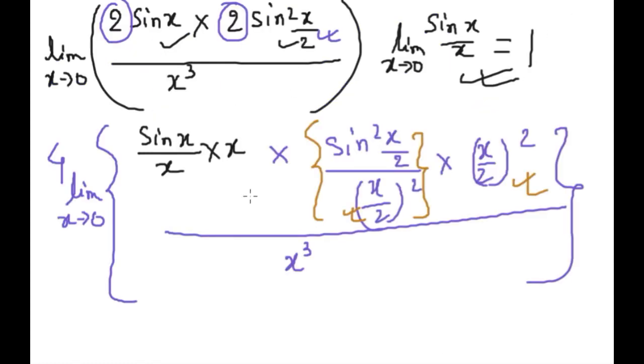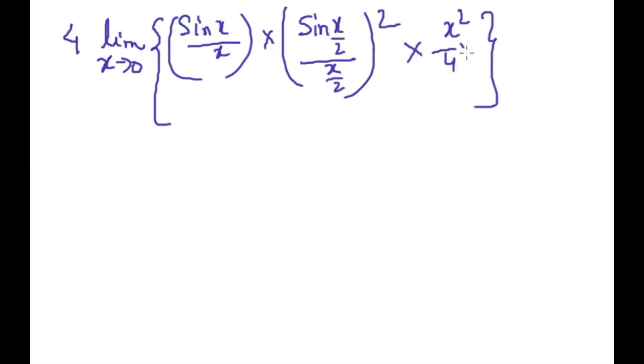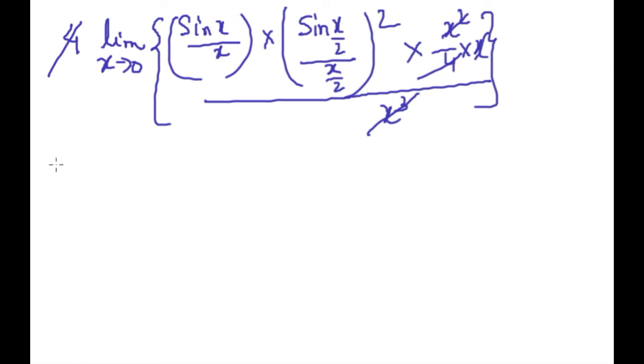And we have one more x, this one. So we will write it here. It's x cube by x cube. This x cube and this x square and x, this is also x cube. Here is 4 and this is 4. Just cancel.